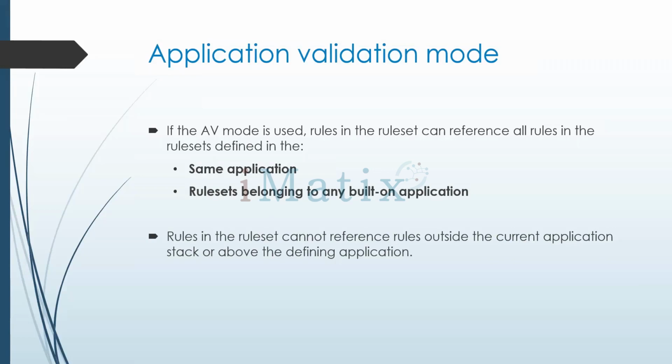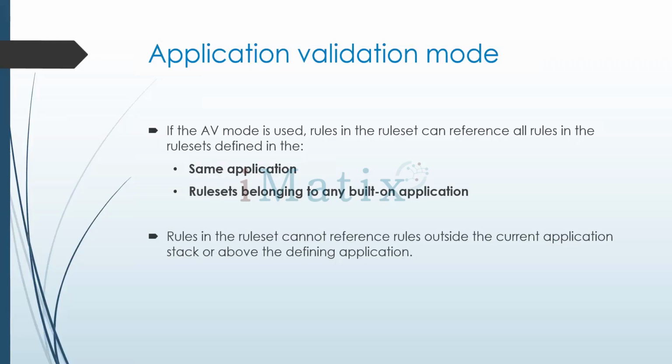If your rule set is in the AV mode, it can access or refer to rules from within the same application. From any rule set within the same application, I can access the rules. Or it could also be part of any built-on application. I can still access them.